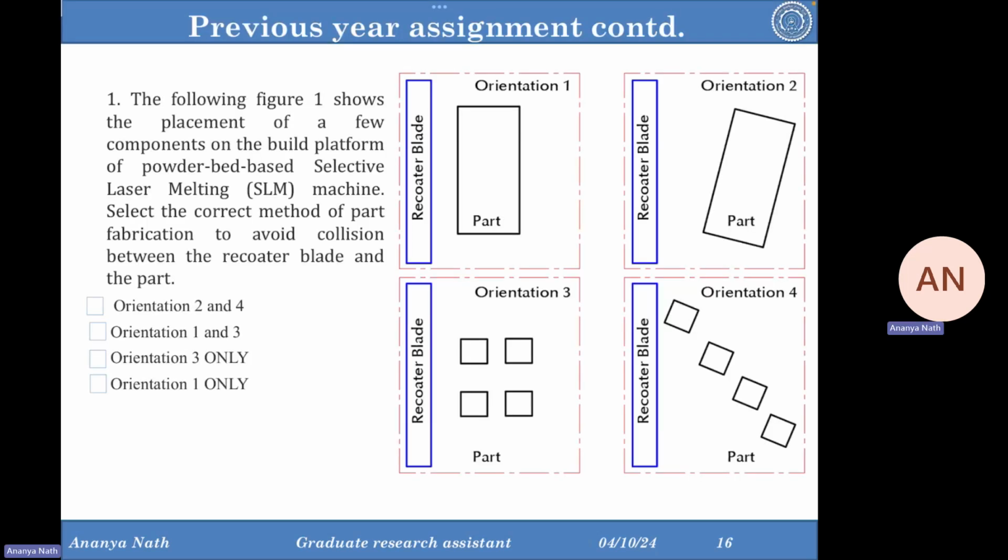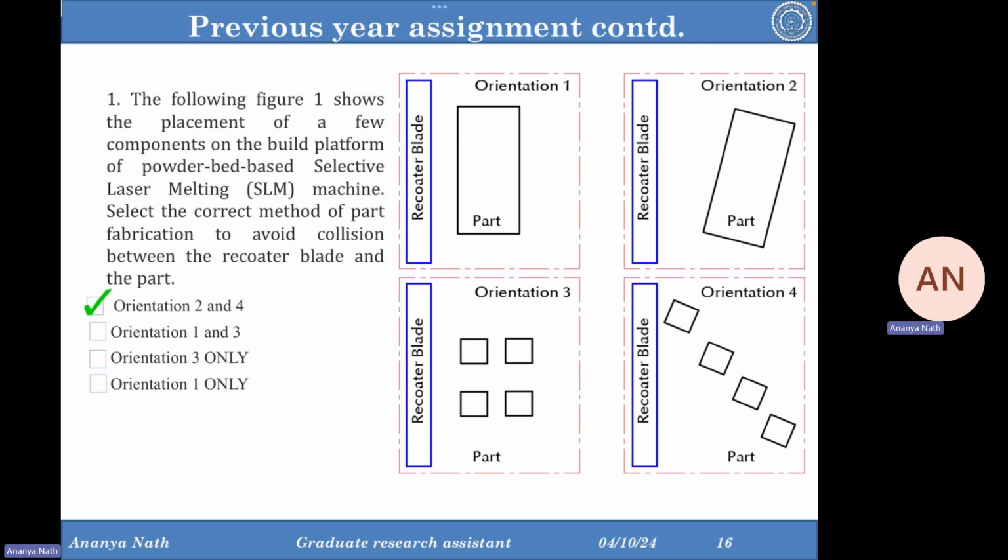The following figure 1 shows the placement of a few components on the build platform of a powder-based selective laser melting machine. Select the correct method for part fabrication to avoid collision between the recoater blade and the part.